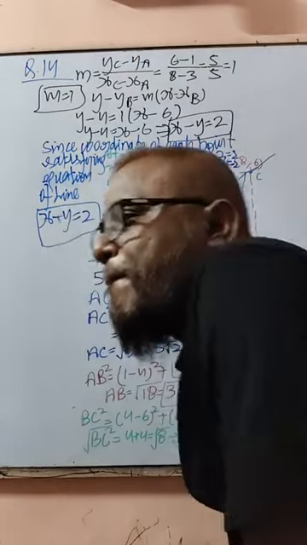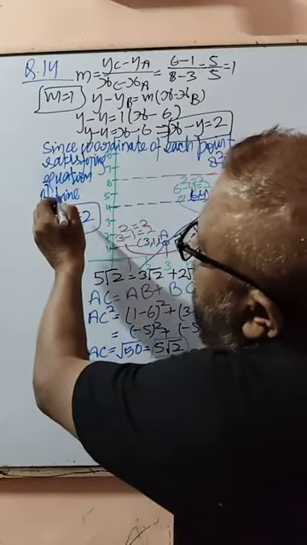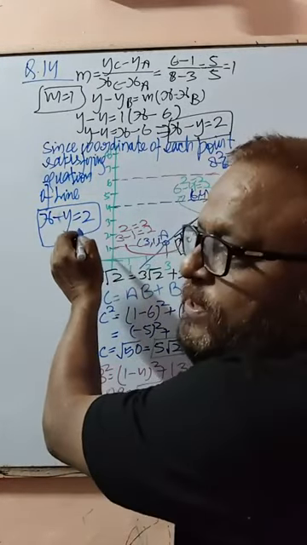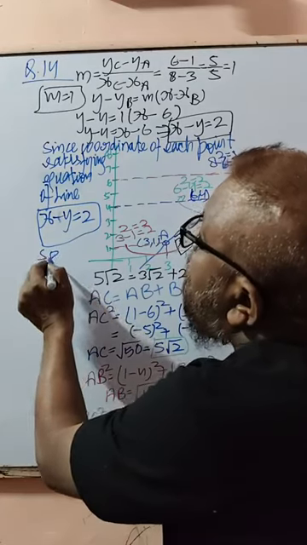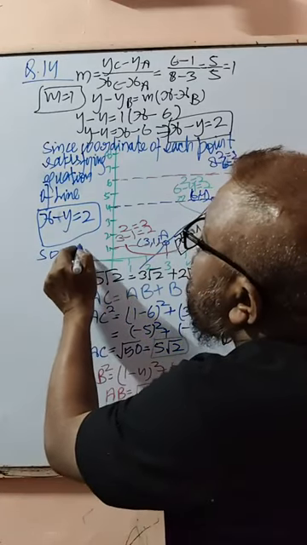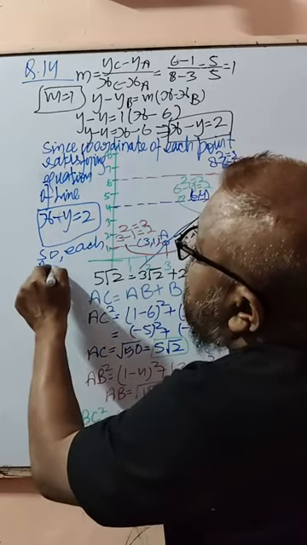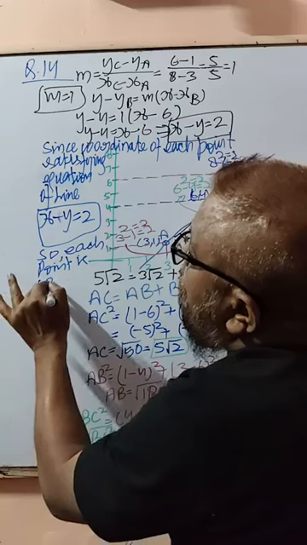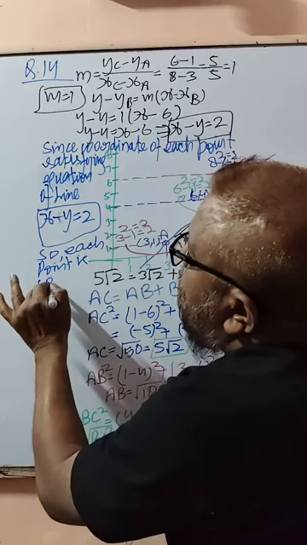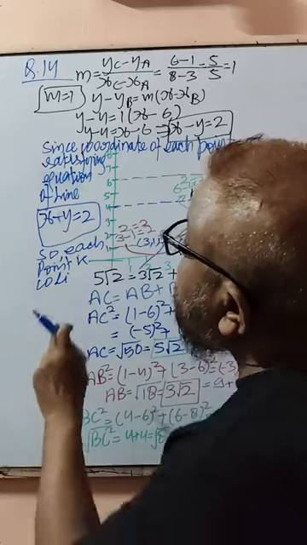Right? Since coordinates of each point satisfy equation of line x minus y is equal to 2, so each point is collinear. collinear की spelling क्या लिखी?